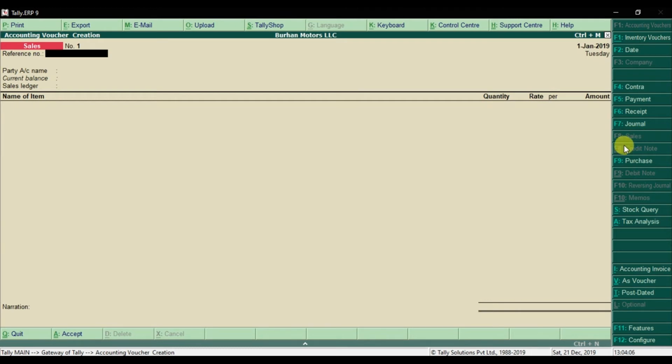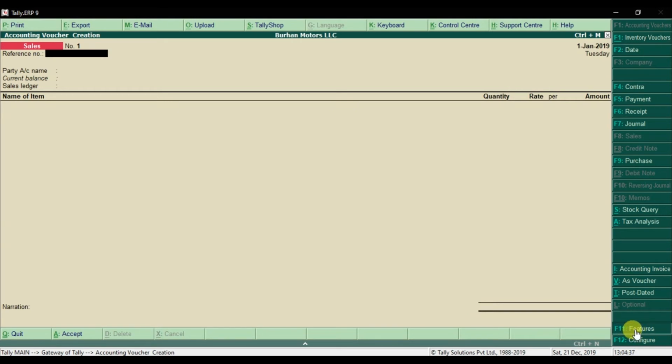So after F8, next is what? Credit note. F8 with double underline. If F8 is sales, then F8 double underline is your sales return, credit note. But that feature is not activated right now. So if you need to activate the feature of this credit note, you need to click on this feature here.